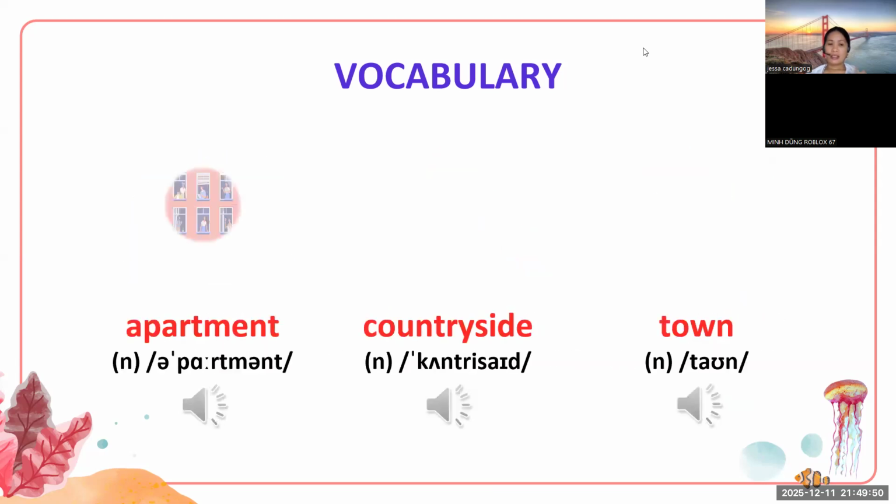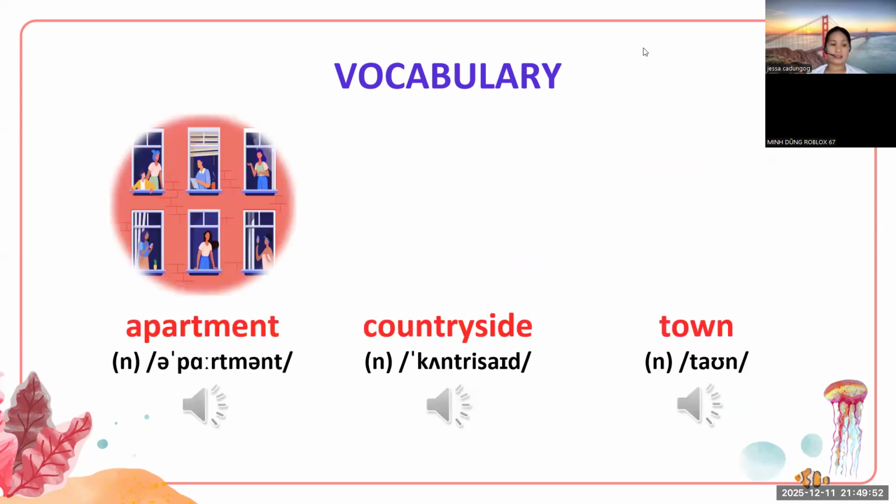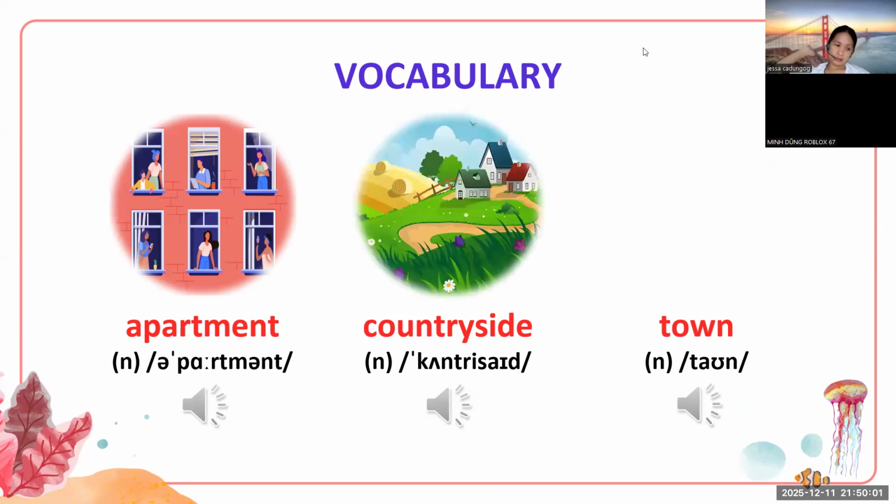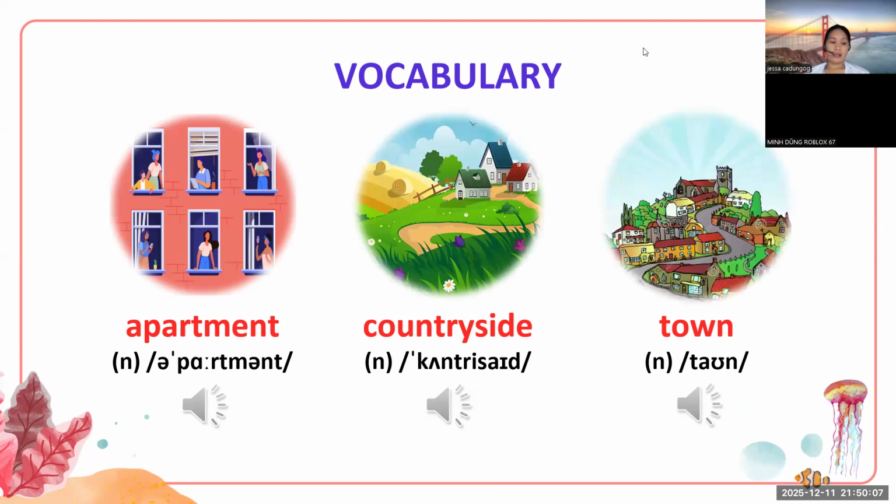Okay, next. How about this one? What is this? Apartment. Correct. This one. Countryside. This one.